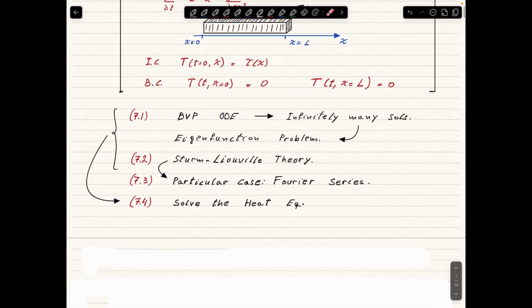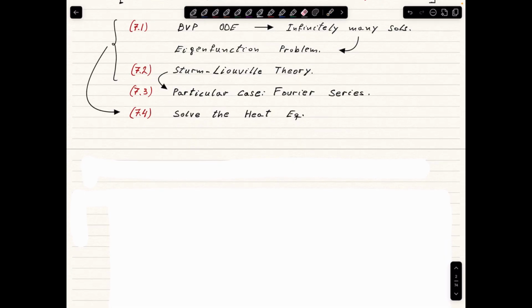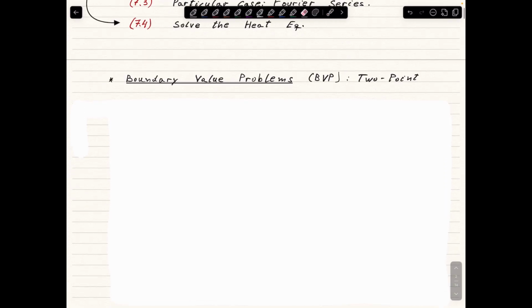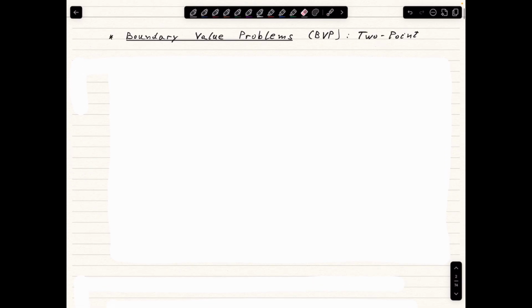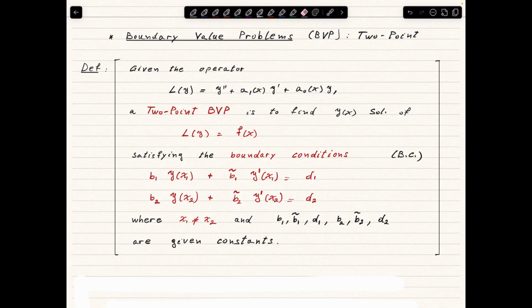Let's introduce the main subject of this video, which are boundary value problems, in particular what are called 2-point boundary value problems. And here they are. First of all, we are going to introduce an operator. The operator is going to be the second order linear operator, the usual operator we've been working with in chapters 2 and 4.